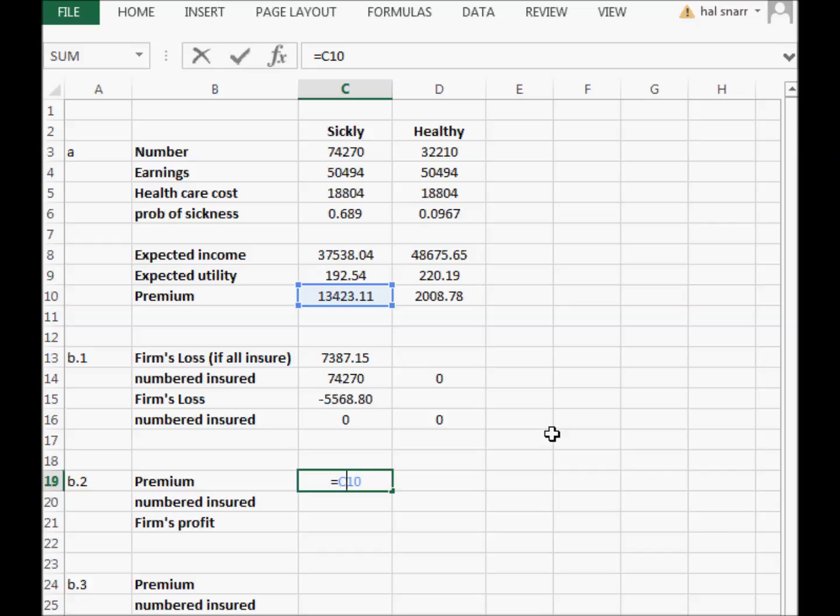The cost of the policy to sickly people will be what they are willing to pay, $13,423.11. The cost of the insurance sold to healthy people will be the premium they're willing to pay, $2,008.78.